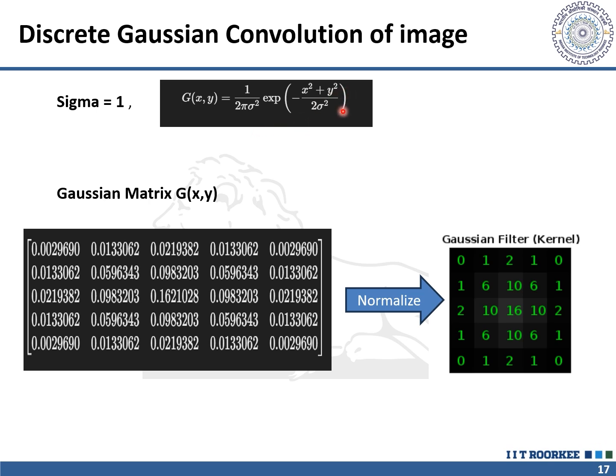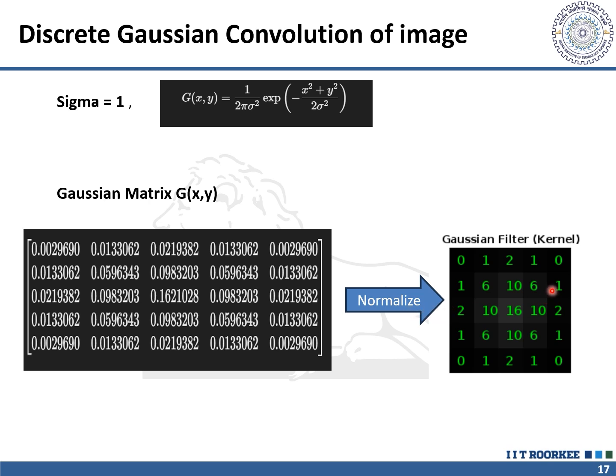When you put in the x and y coordinate values, and let us take sigma equal to 1, you will get a Gaussian matrix of this form. When we normalize this and get approximate fractional values, the Gaussian filter will approximately look like this.